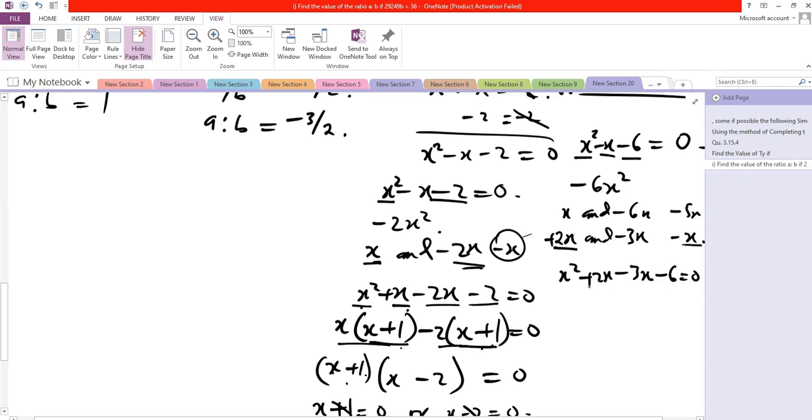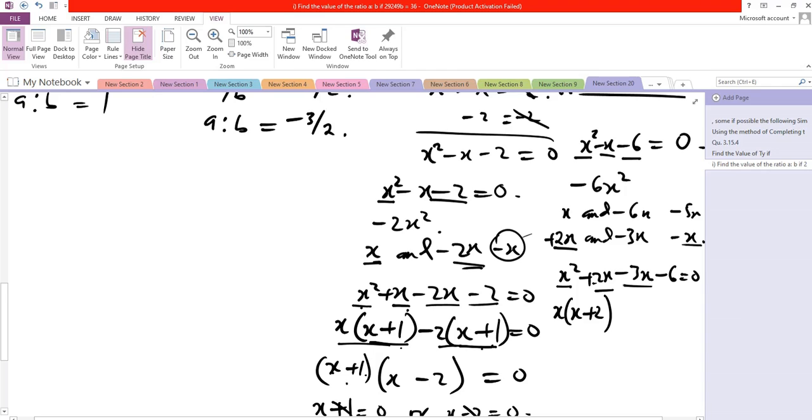When you look at it, plus 2x minus 3x is equal to minus x, so this can replace minus x. What is the common factor between this and this? What I can see there is x. x is a common factor. If you use x to divide x squared, you have x. If you use x to divide plus 2x, you have plus 2.